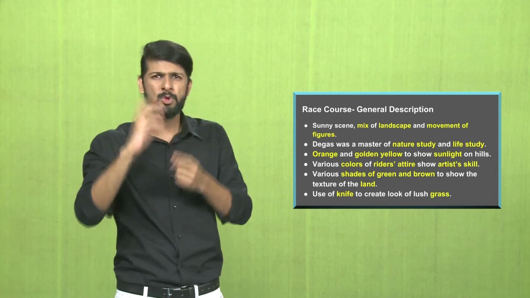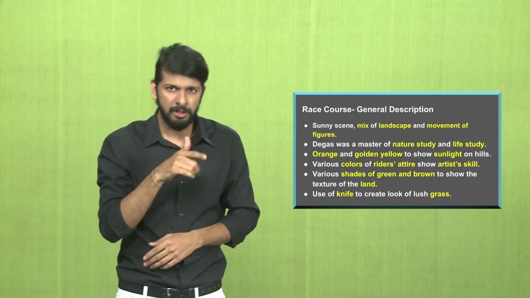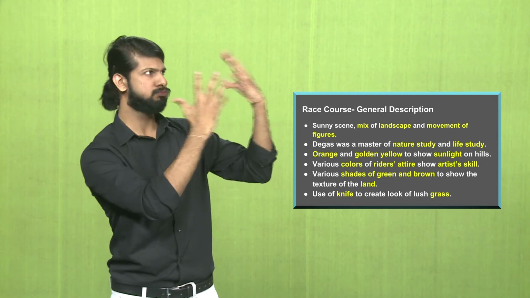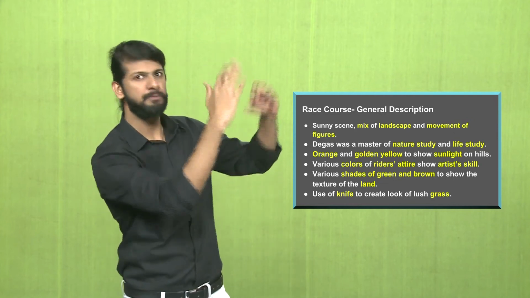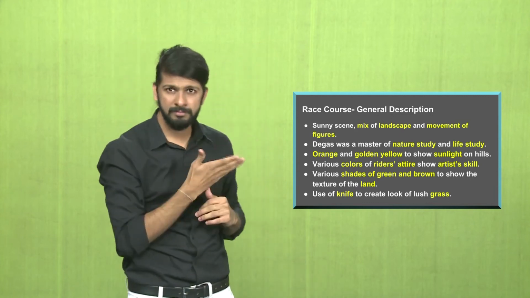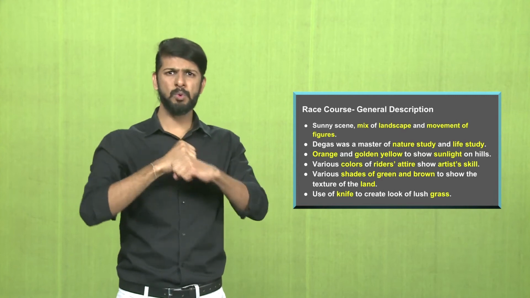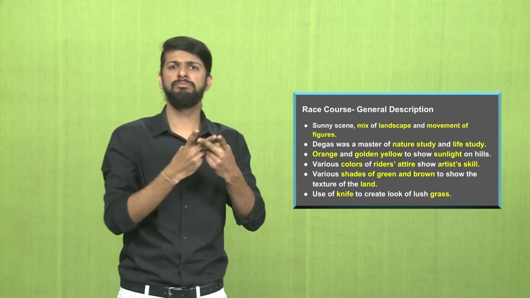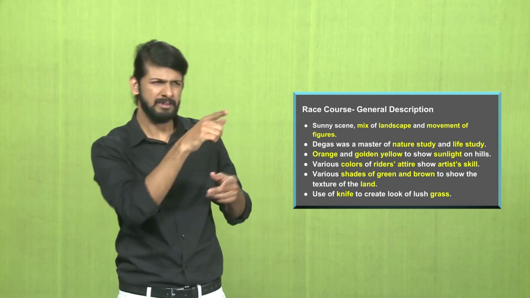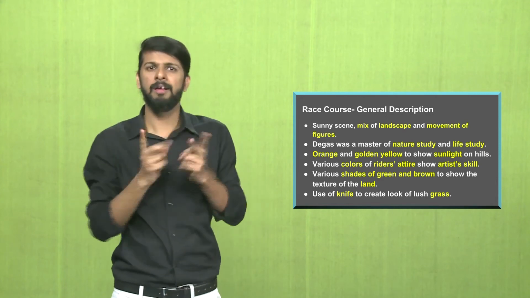Orange and golden yellow are used to show sunlight. On the hills you can see how orange and golden yellow have been used to show the sunlight. There are various riders in this painting, and every one of them is wearing an attire in various colors, which shows the artist's skill.